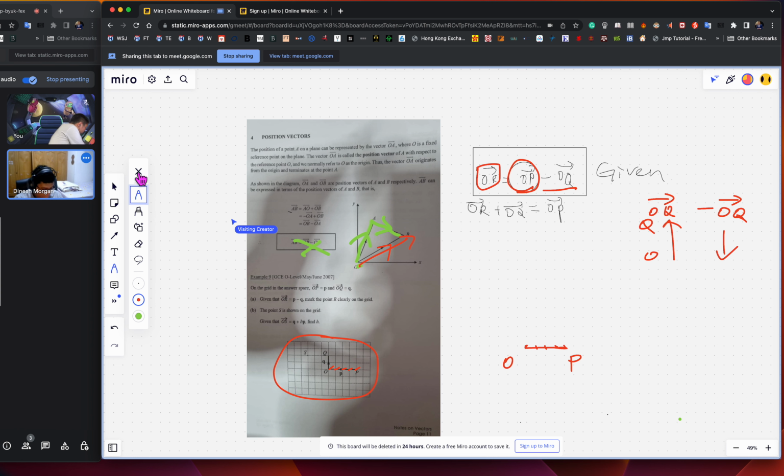Hold on, I'm trying to get my stylus working, because my stylus doesn't seem to be able to write on this thing. Okay, this is not my stylus, but anyway, it still works.